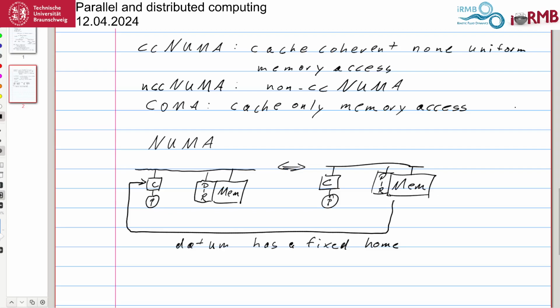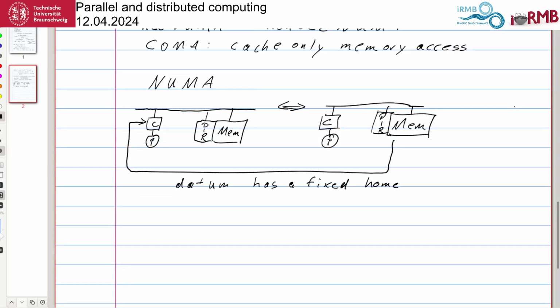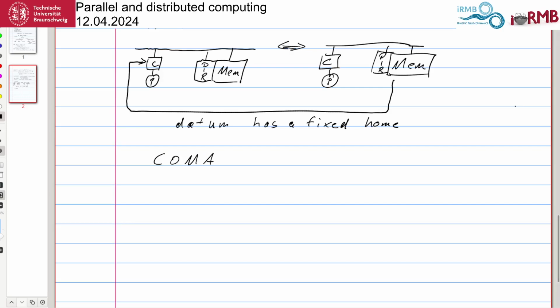And a COMA machine is more complicated. So let me give some space. So a COMA machine looks like this. We still have this cache. We have a processor connected to the cache. And then there's also a directory, and there is something else which is kind of similar, which we call a tag.